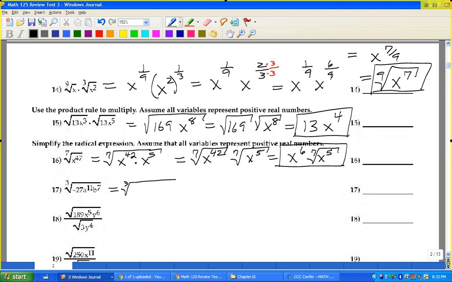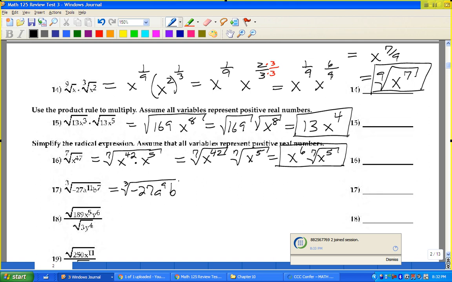So I have here a negative 27 a to the 9 b to the 6, times, oh, I forgot the a squared b.